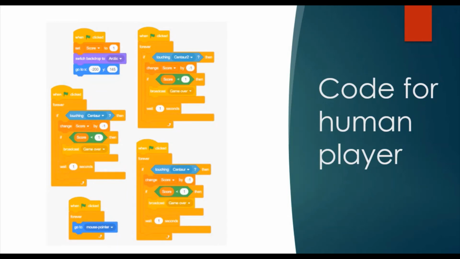I also developed code for human players to avoid being infected by the virus. The human player is trying to avoid being infected, and computer players are trying to touch the human players. I also uploaded a link in my hackathon report, so you can see my game design there.